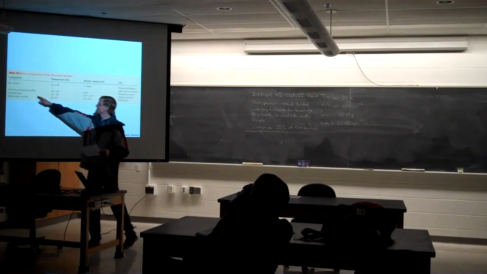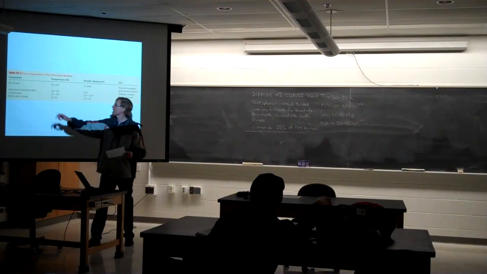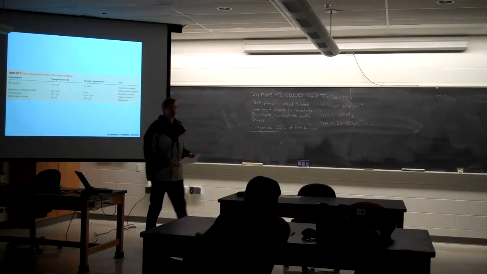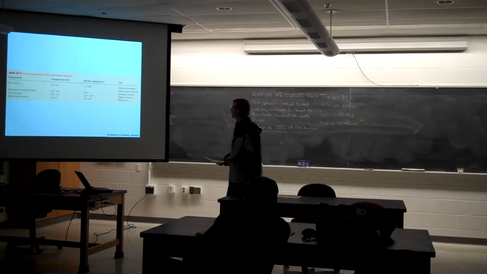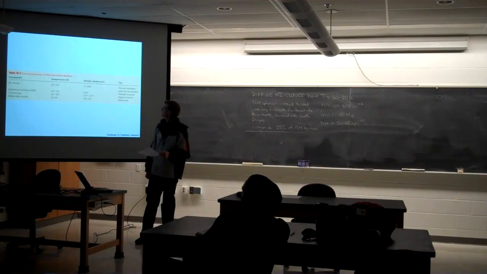And then next up, we have the intercloud medium. Notice it's H2. It's ionized. It's much hotter, 1,000 to 10,000 Kelvin, and much lower density, more like 0.01 atoms per cubic centimeter.